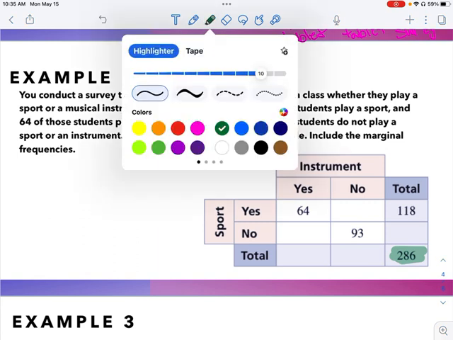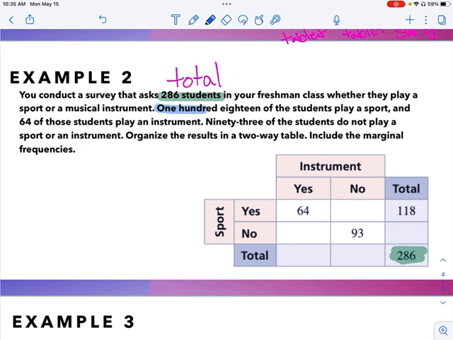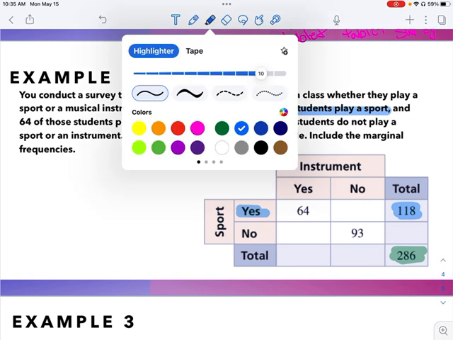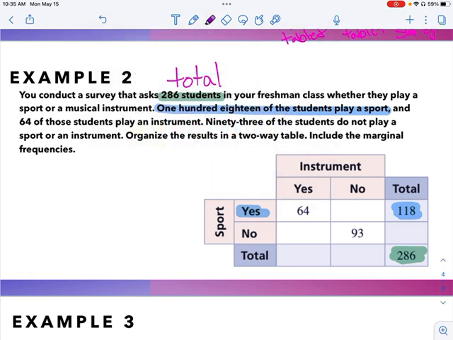The next sentence says 118 of these students play a sport. So you will notice that the 118 is the total for yes to sports. Then it says, and 64 of those students play an instrument. So that means that 64 is representing yes, yes. They play a sport and they play an instrument.